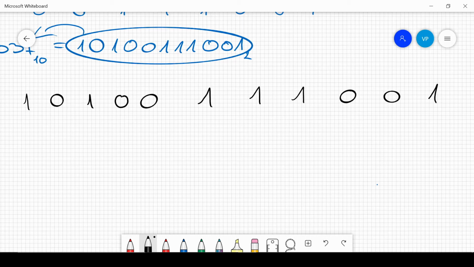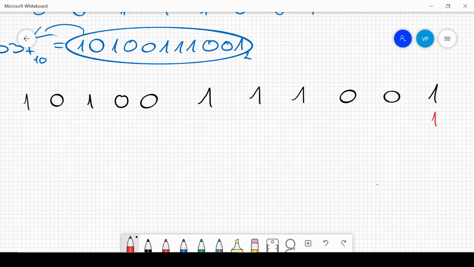And same as before, we are counting with 2 to the power of something, and this will be in representation on the decimal system from the right to the left. On the far right side is 2 to the power of 0, and this will be 1.